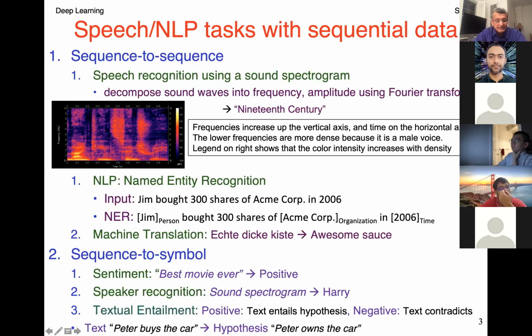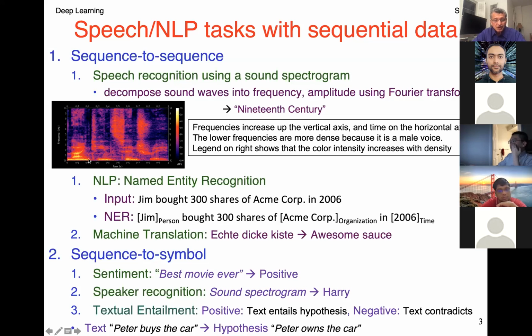At any given moment of time, there are many frequencies in what is being spoken. This chart is brighter if there is a higher density of lower frequencies, and so on. This is higher frequencies, lesser density, and then lower frequency. This is a male voice speaking the words 19th century, and this is a sound spectrogram of that.